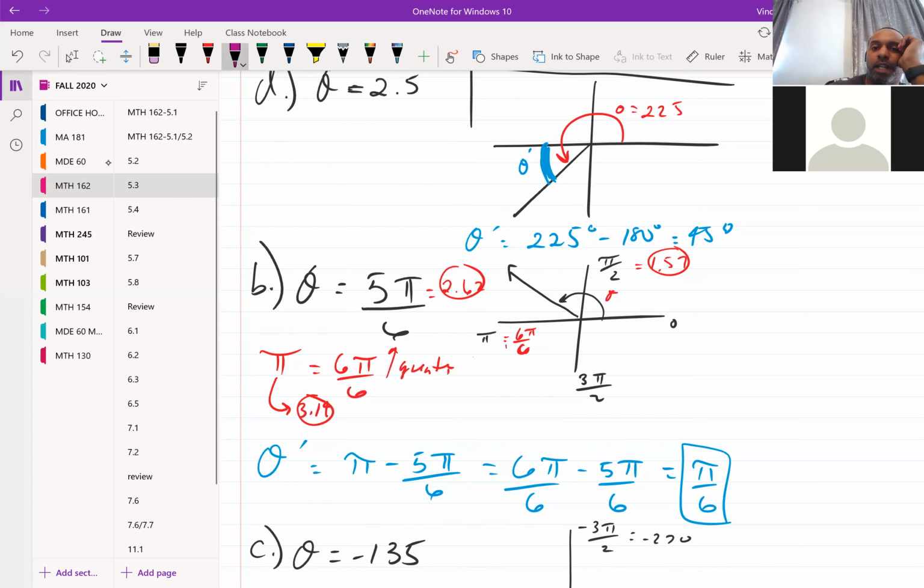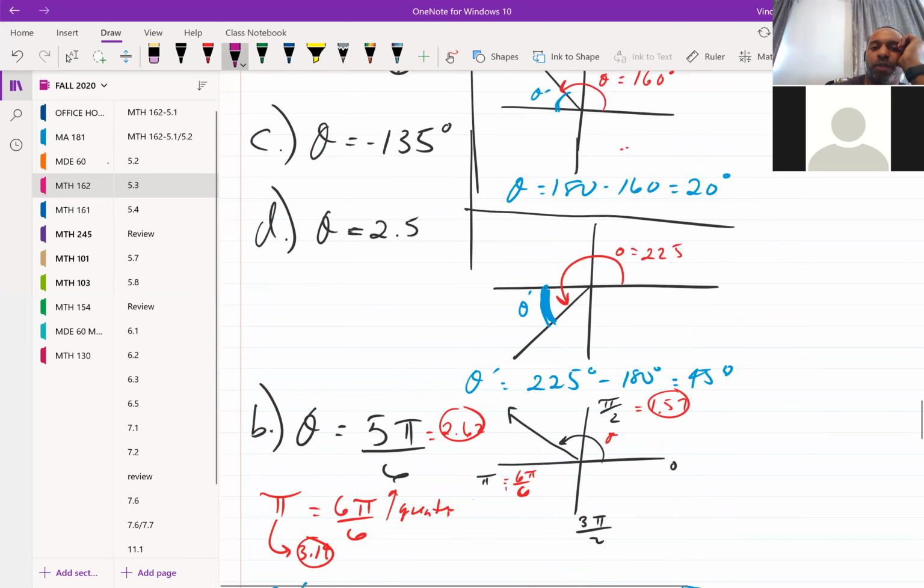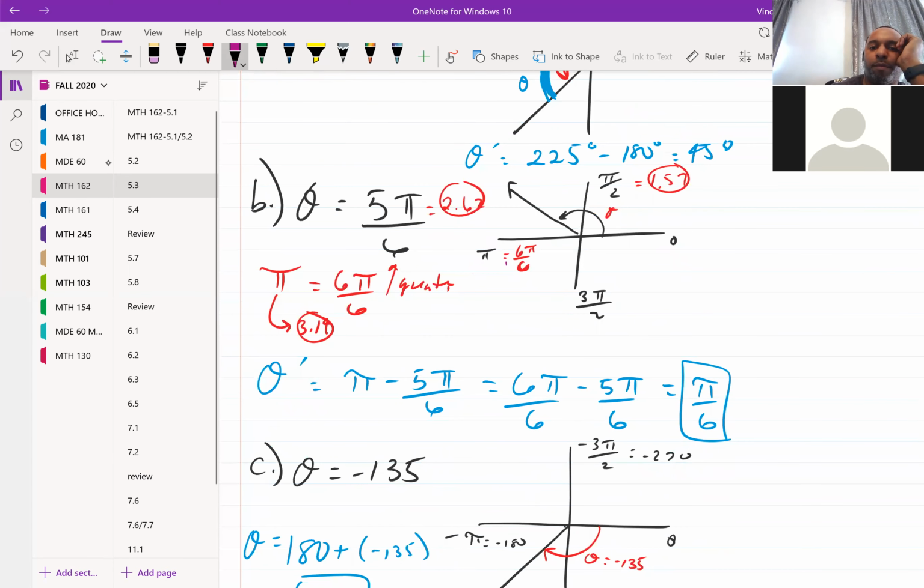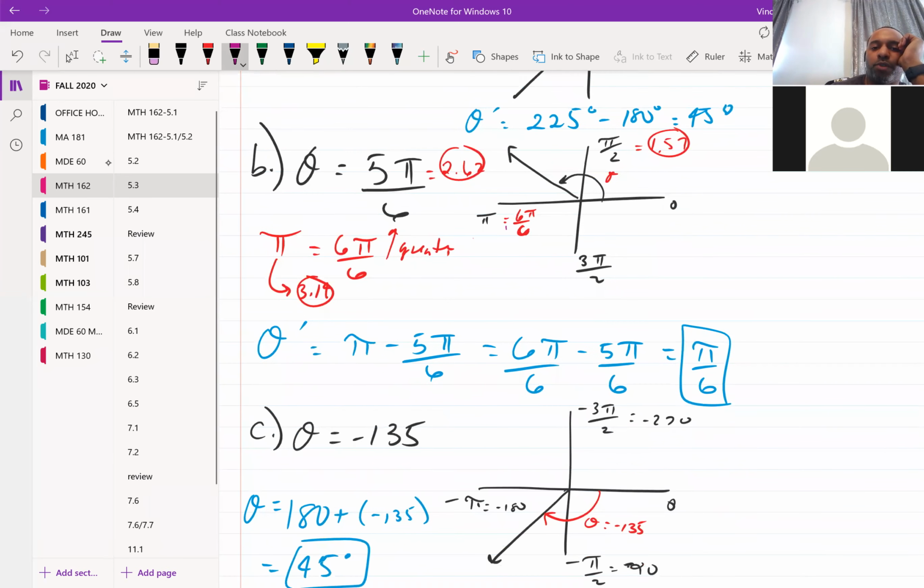And then I follow the same procedure as if it was in degrees. So I took 5 pi over 6 and subtracted it from pi, and that's pi over 6 once you do your subtraction.